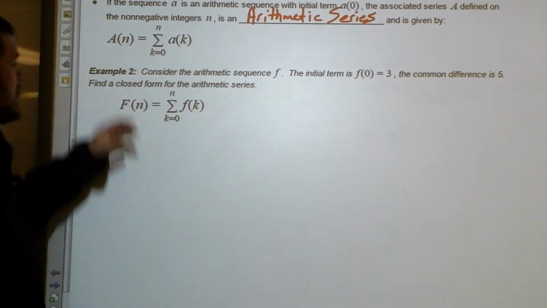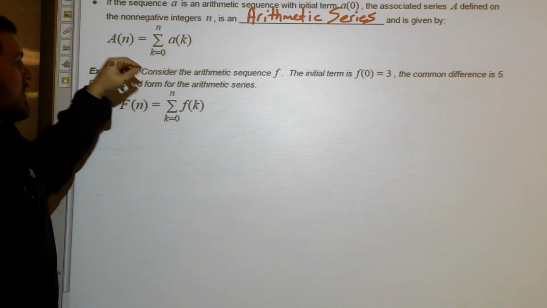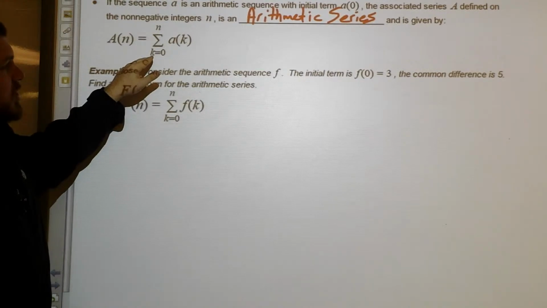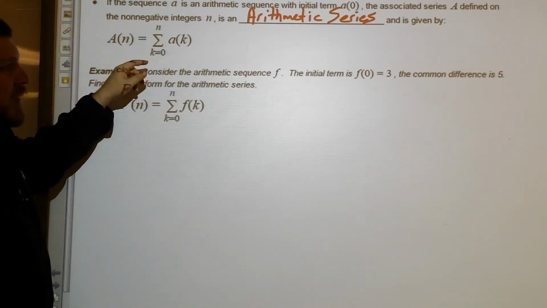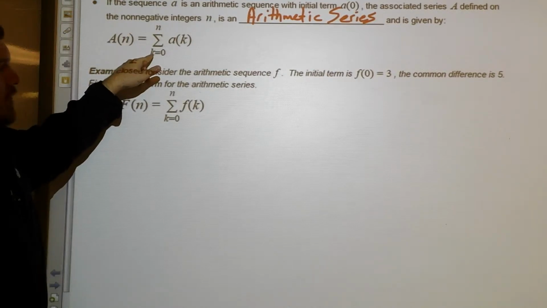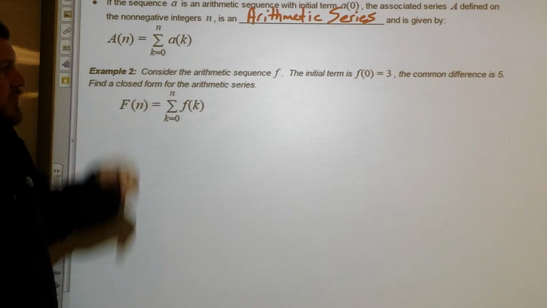It's pretty much adding up all the values in our arithmetic sequence. Typically we're going to start in the 0 position, and it's going to be an indefinite sum, so we don't know where we're stopping. But just remember, you could start in the first term or the 0 term, so that's going to change how your sequence looks.